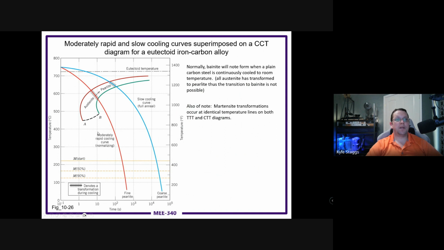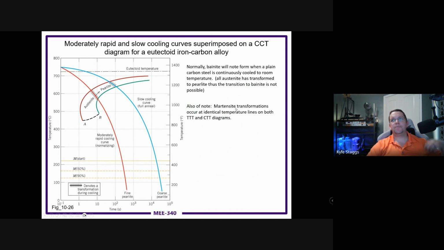So again, thinking back to the same principle as tempering, a slow cooling curve or a fully annealed, if you hear the term annealed material, we'll talk later about the annealing process, but you have a slower rate. This is a transformation that's happening during the cooling process, but it's spending more time inside that region forming perlite than this one is. This one's happening pretty quickly.